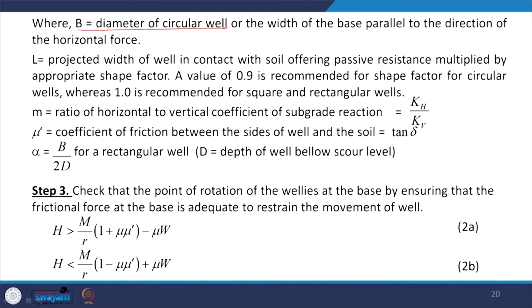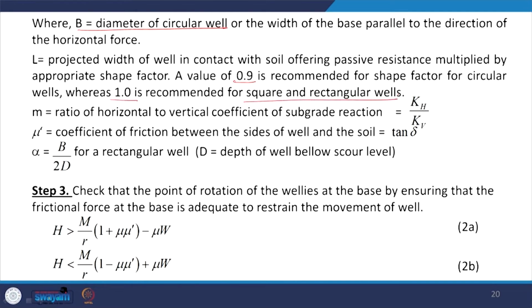L in this equation is the projected width of the well which is in contact with the soil, offering passive resistance, multiplied by an appropriate shape factor. To find the value of L, first get the projected width of the well and then multiply by the shape factor. A shape factor of 0.9 is recommended for circular wells, whereas 1 is recommended for square and rectangular wells.